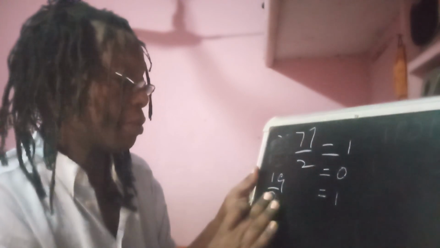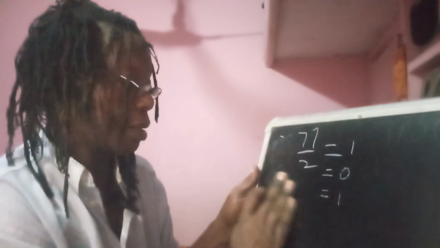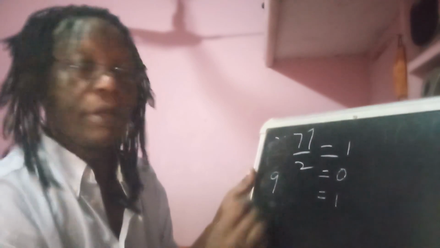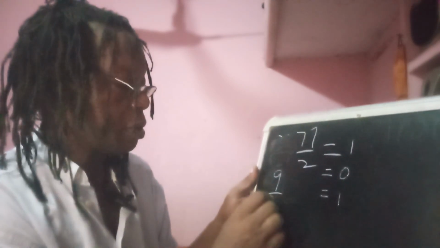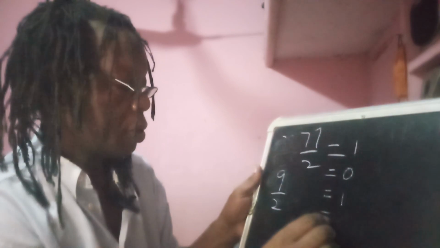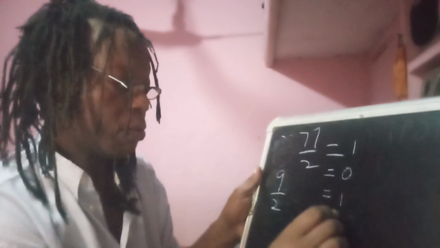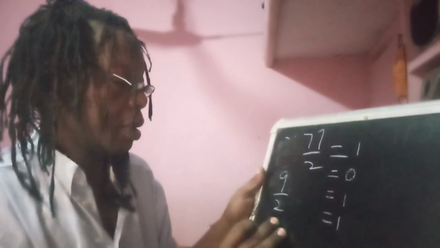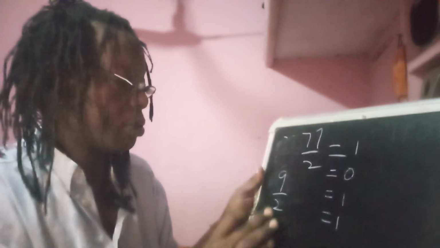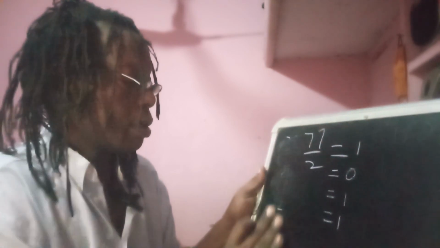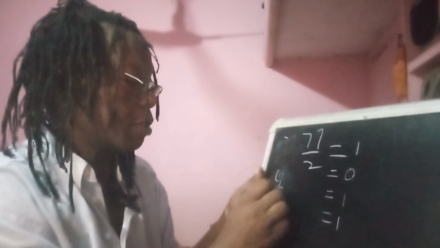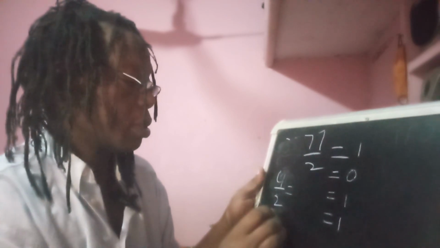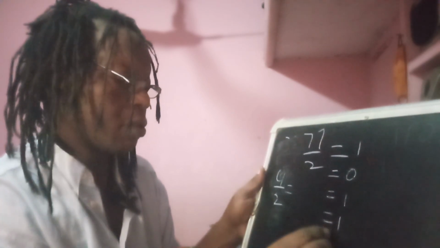And this will give us a value of 9. So 9 divided by 2 gives 4, and 1 will be the remainder. And that will be 8. Divided by 2, that's 4 now. So 4 divided by 2 will give us 2, and 0 is a remainder.